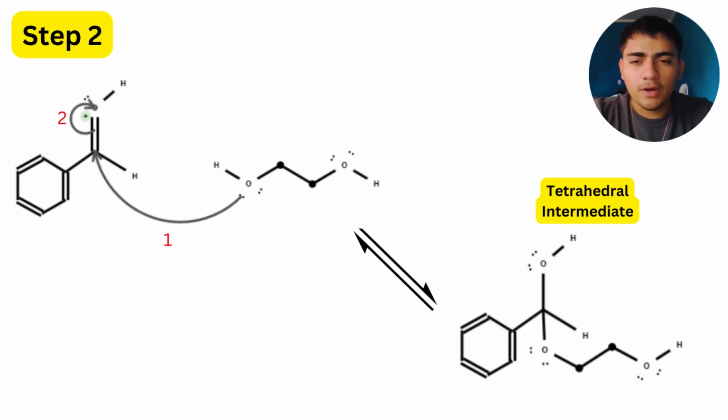In step two now, we have here our protonated benzaldehyde, which is more electrophilic. We also have an oxygen element attached to the carbon, and this causes an electron pull more to the oxygen, which makes the carbonyl there more electrophilic.